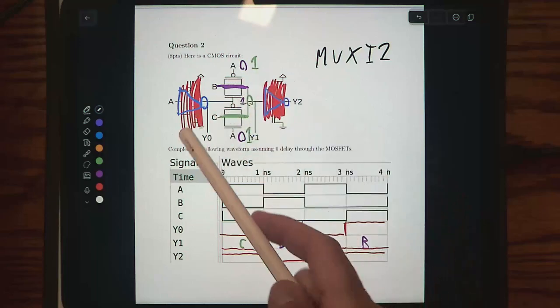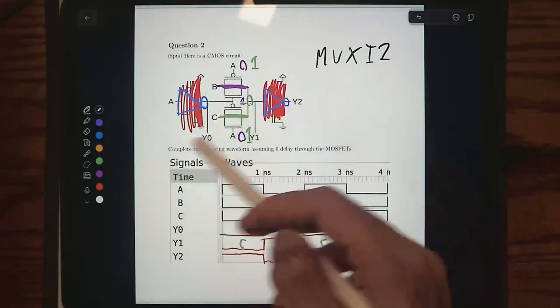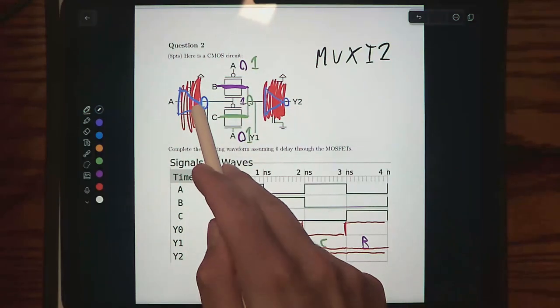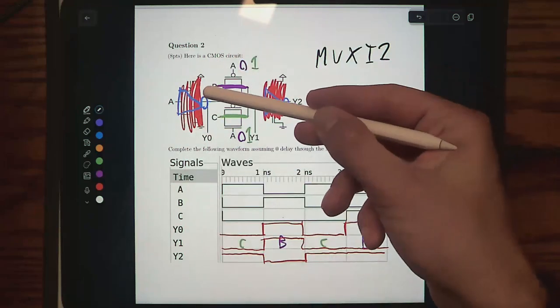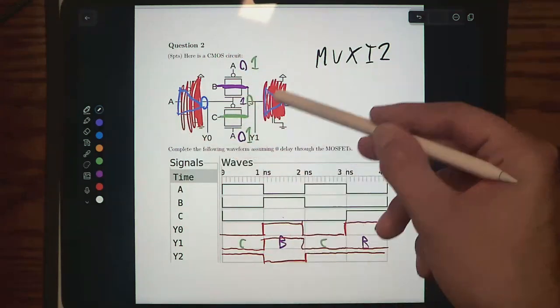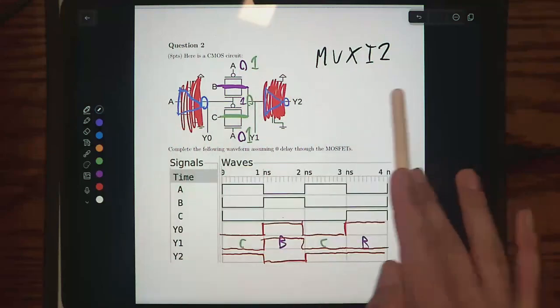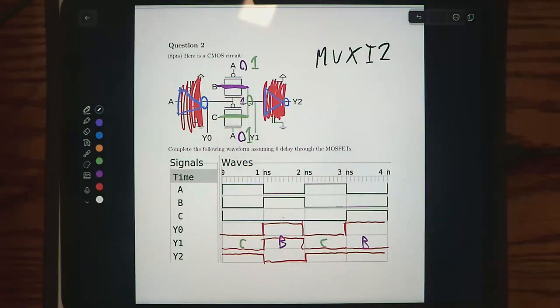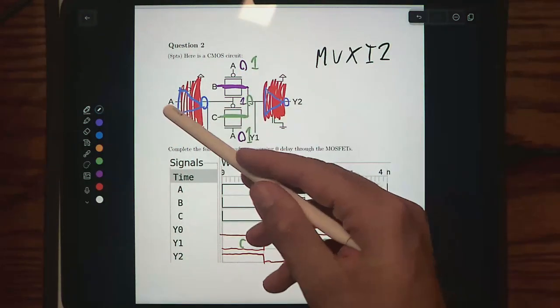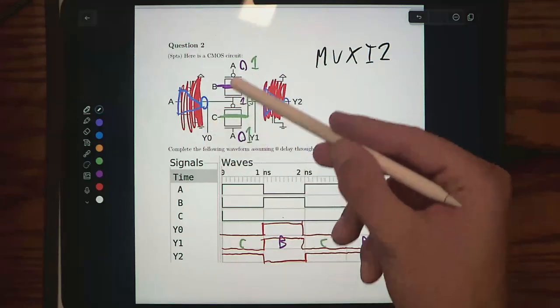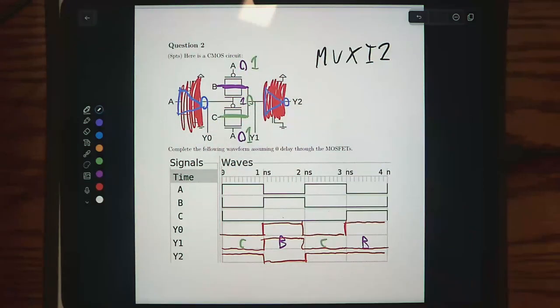So in a real MUX cell you'll see an inverter here, an inverter here, and it will cancel out with a second inverter at the very end. So then it will just be a regular MUX cell. A regular MUX usually ends up having 4 inverters and 2 transmission gates. That is generally how you implement a MUX.